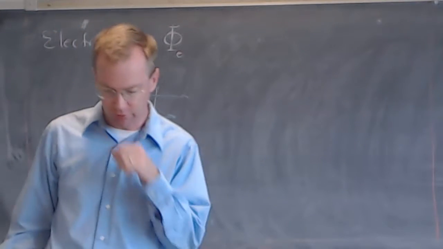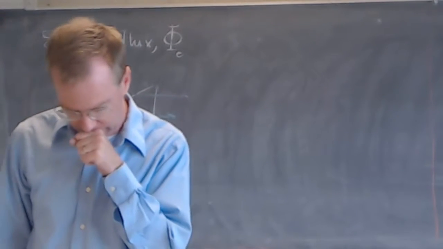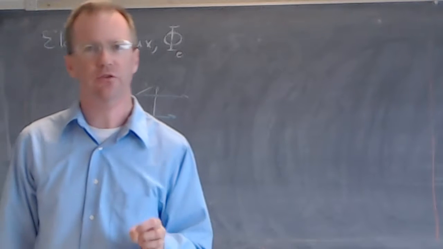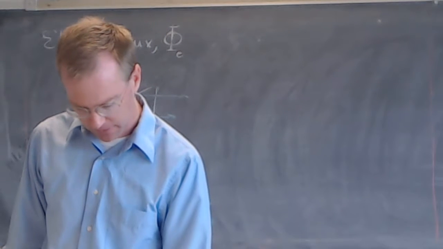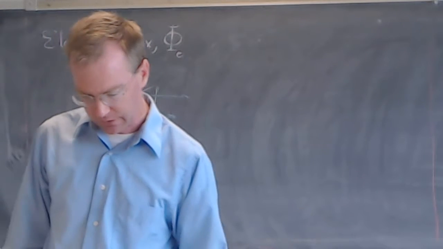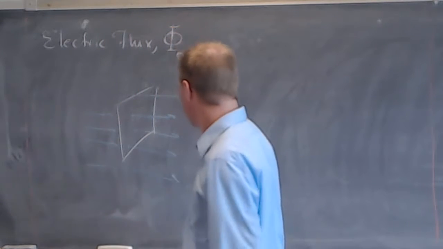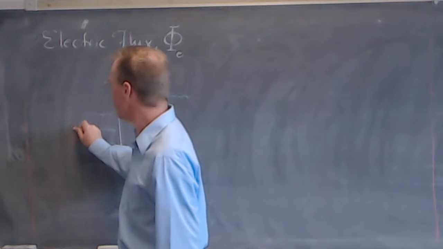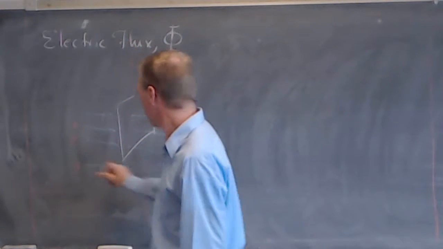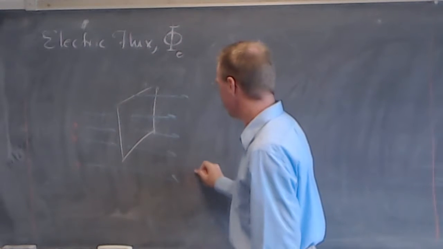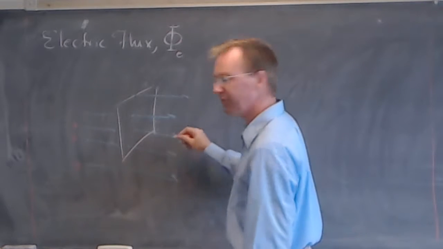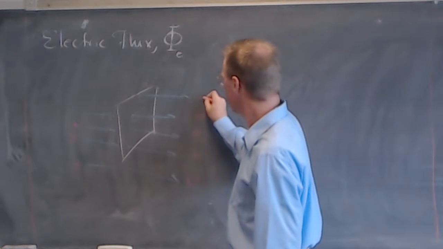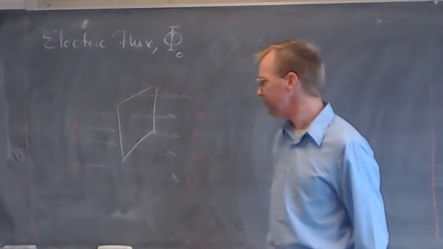So the area of the surface is important, of course. We're going to get to the mathematics of it in just a moment. But a basic idea is that you know that field lines are emitted. They move away from positive charges, and they move towards negative charges. Not that you have to have both, but I'm just drawing some over here.